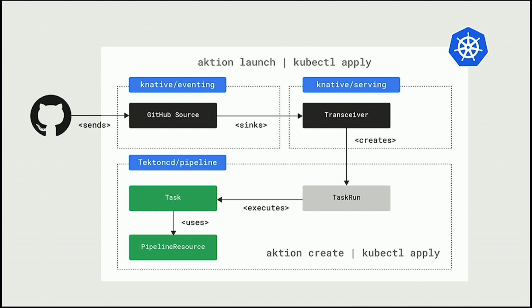Usually if you want to test something out to see if you've got your workflow working just right, or if you wanted something else to call into this. And up above, we also create a Knative eventing sink, as well as the associated transceiver, which creates a serverless service within Knative to handle the creation and the invocation of that task run object.